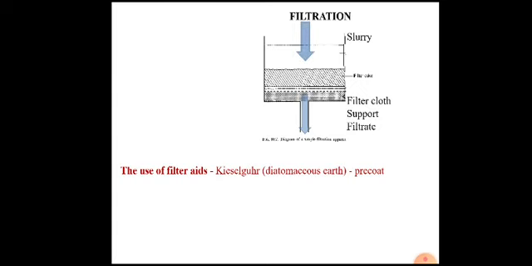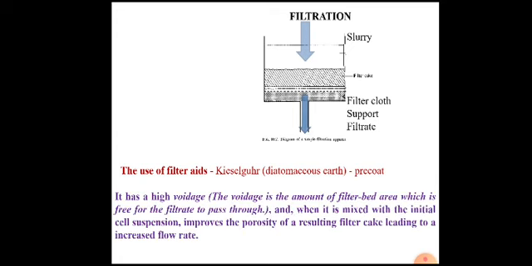Or the fermentation broth can be mixed with this diatomaceous earth so that the solids like cells will be trapped in it, which can be further filtered to form a moderately clear filtrate, and that filtrate can then be passed through the filter cloth. So this is how the rate of filtration can be improved with the use of a filter aid called Kieselguhr, which is a preparation containing diatomaceous earth. I hope you remember what diatomaceous earth is.